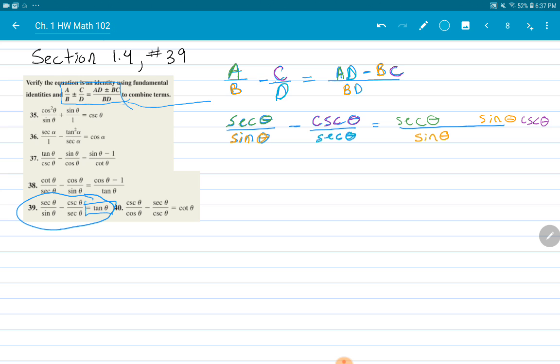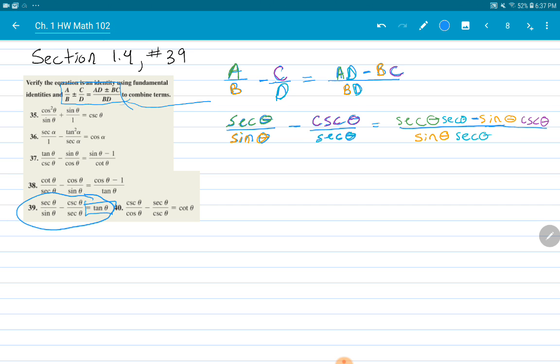So that's here and here. And then there's a minus between AD minus BC, all over B times D.